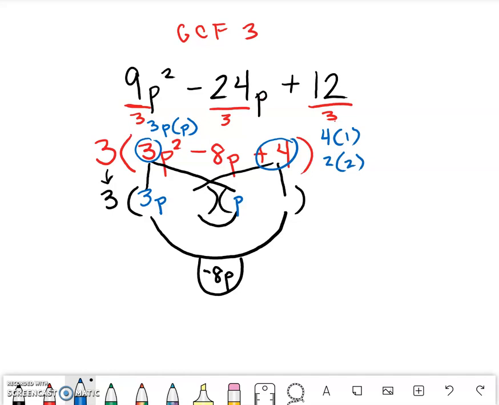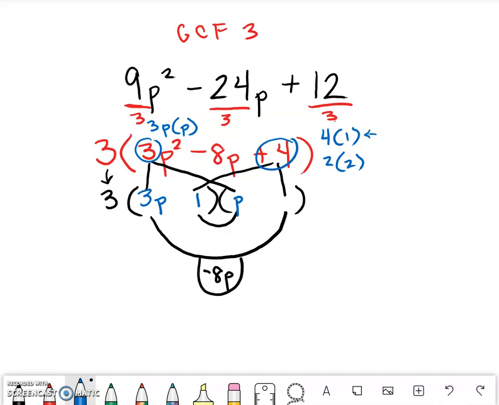I'm going to start with 4 and 1. 4 times p is 4p. 3p times 1 is 3p. If I add those together, that's 7p. If I subtract, there's no way I can make this equal negative 8p. So that's not the right combo.